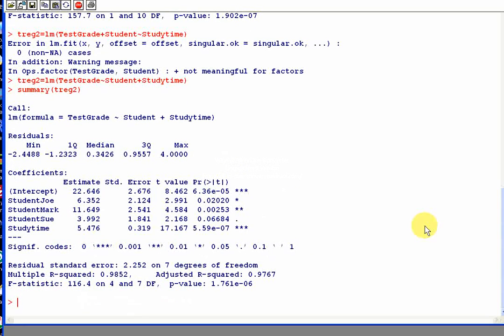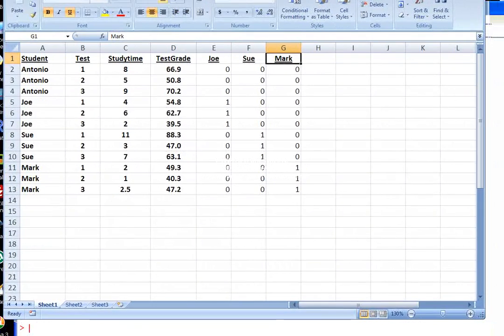So now when we run the fixed effects regression, we say, well, we have repeated observations for each person, so let's see how these people are different. Remember, when we created the dummy variables here, we left out Antonio; we don't have a dummy variable for Antonio.